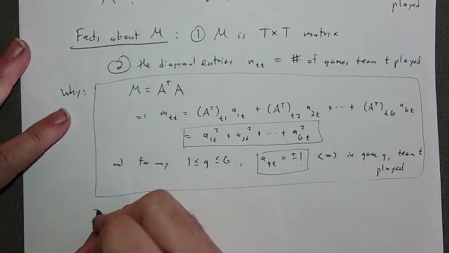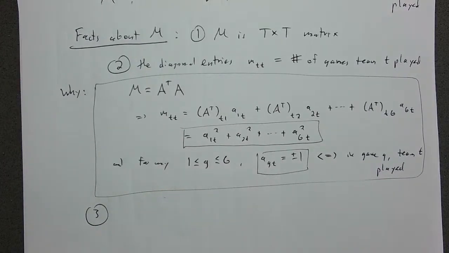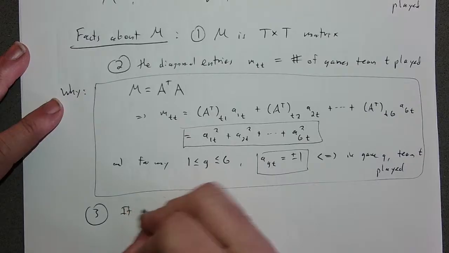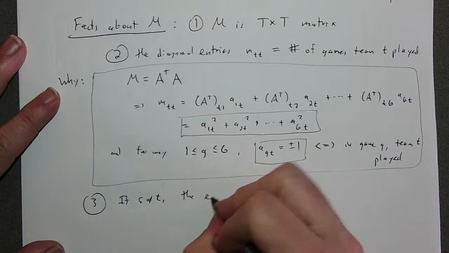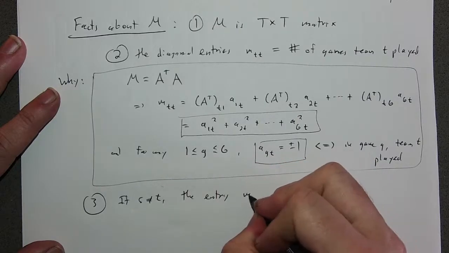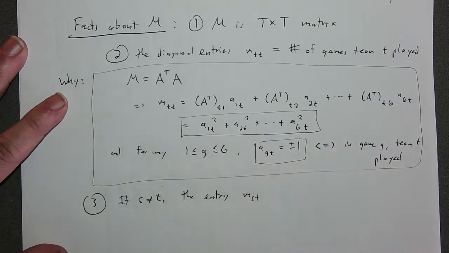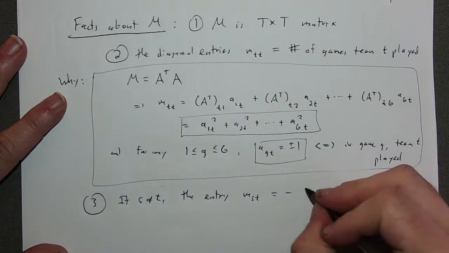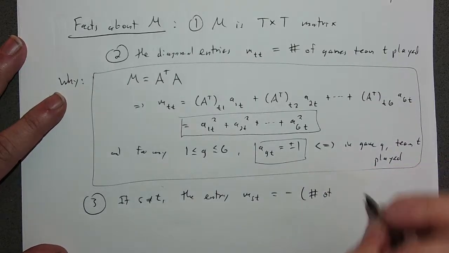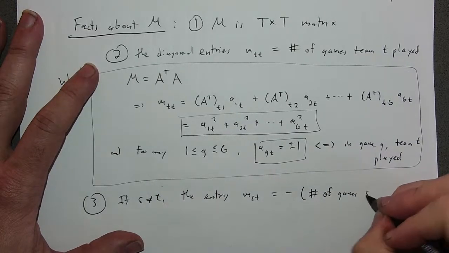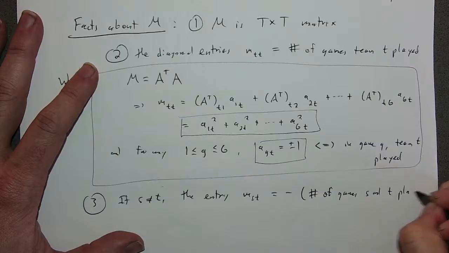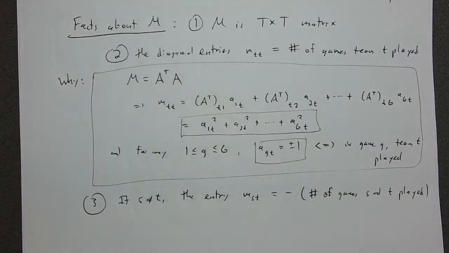So even if we're talking about the off-diagonal entries, for instance, if S is not equal to T, then the entry M sub st is equal to the negative of the number of games S and T played. Okay, so how does this work?